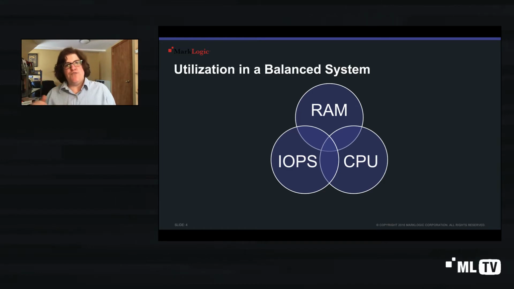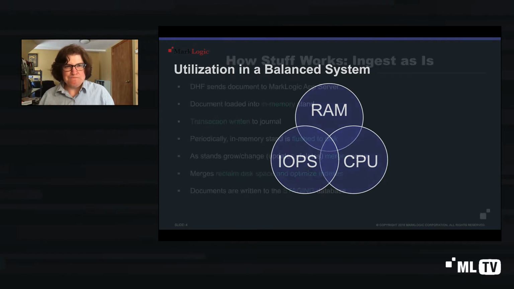And so if you can keep all of these things balanced, you don't want to have a huge amount of RAM but not enough IOPS, things won't work well and you won't actually be using that RAM. So the goal is to try to make the best use of all the system resources that you've got. And hopefully what I'll talk about today will help you, so that you can reason about the best way to do that for your application.